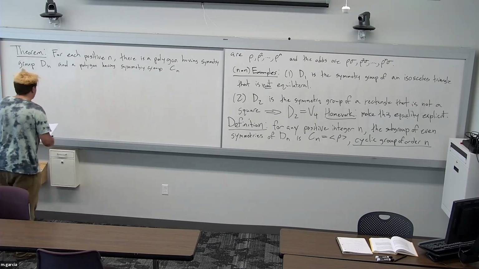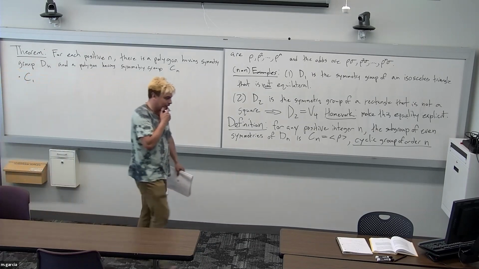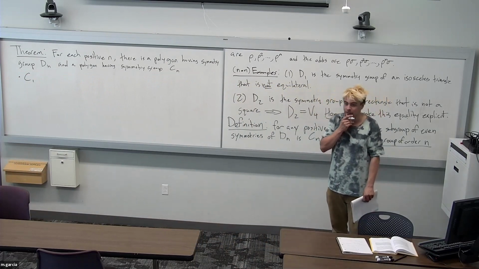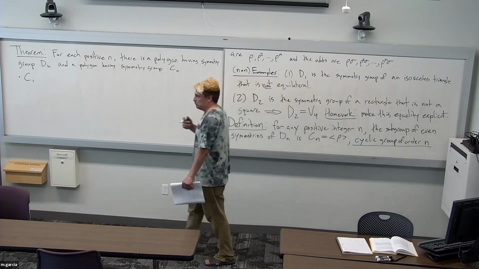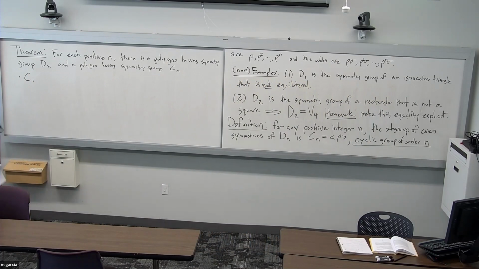Just case by case, let's start with C1. Can you tell me a polygon that has the cyclic group of order 1 as its group of symmetry? Something very irregular. Yeah, on average, almost all shapes have this symmetry group.